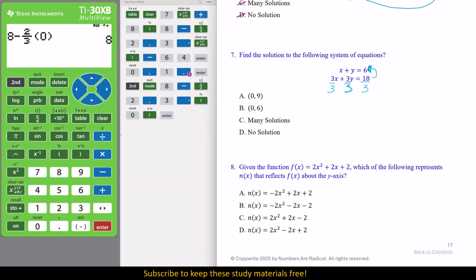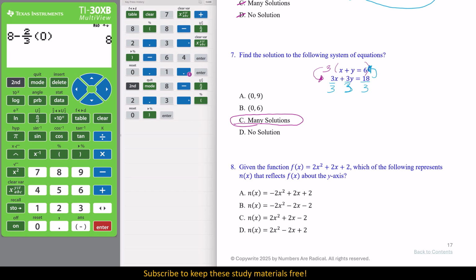And if we multiplied the first one by 3, would we not get the second equation? I'm saying that's the same line, one on top of the other. So in that case, that would be C: infinitely many solutions, because it's one on top of the other.